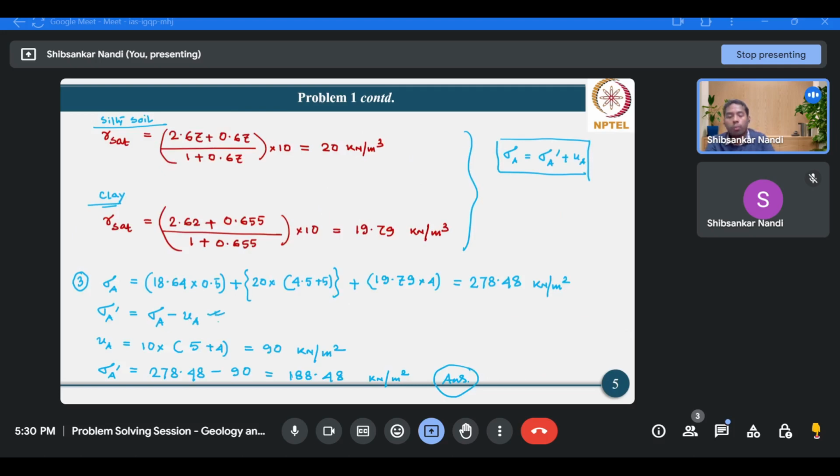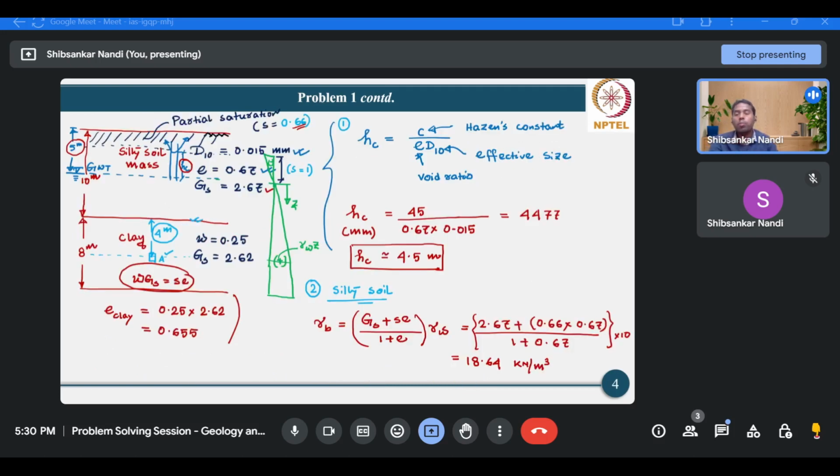Therefore, having in-depth knowledge of the pore water pressure distribution is very, very essential. In the capillary fringe zone, the pore water pressure has to be added to the total stress because of its tensile or negative nature, whereas for the portion under the groundwater table, the pore water pressure has to be subtracted because it's compressive in nature.